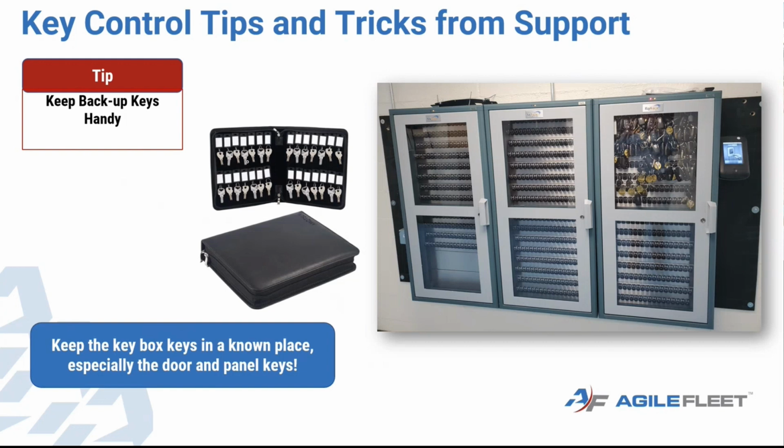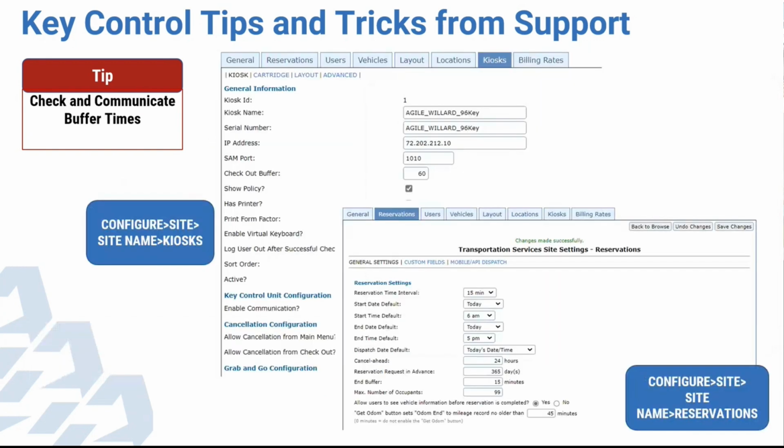This is not an agile key box system. This is simply a dedicated self-contained unit where a person can go in and retrieve their keys from this box here. So whatever your system is for your backup keys, make sure that you have a place where you know they are and you can get to them.